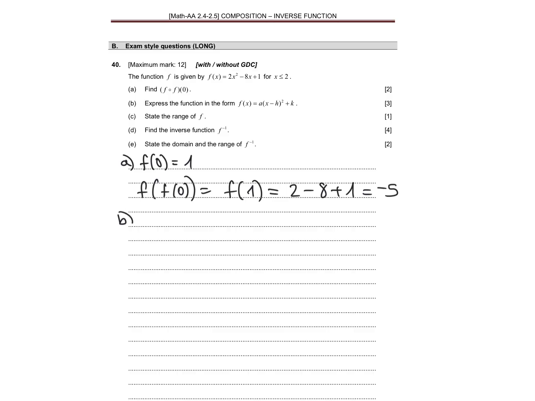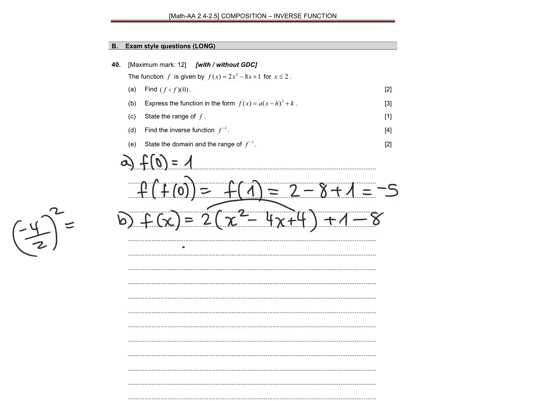For B, express the function like that. So we want to complete the square, factor out a 2 from the first 2 terms, and then half of the middle term, -4, squared is going to be 4. So plus 4, but we didn't just add 4, we added 8. So we have to subtract 8.